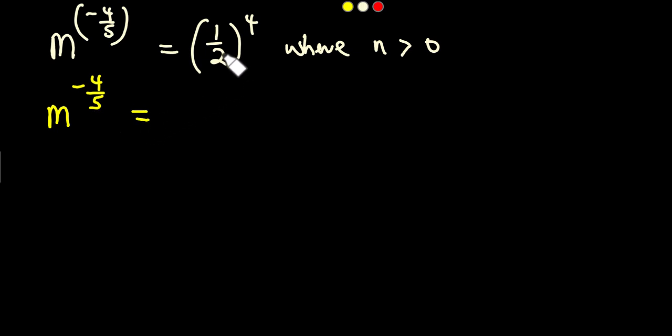Equals, but then I will rewrite the half in a different way, which is 2 to the power of minus 1, held in a bracket, to the power of 4. Right? Good.